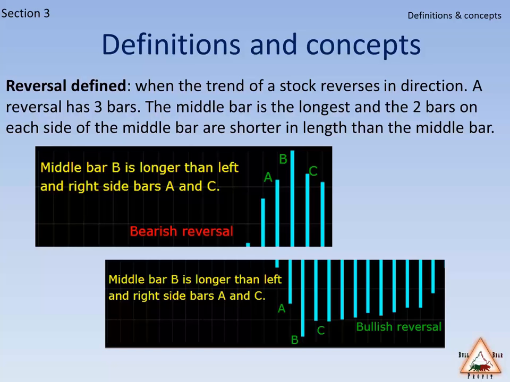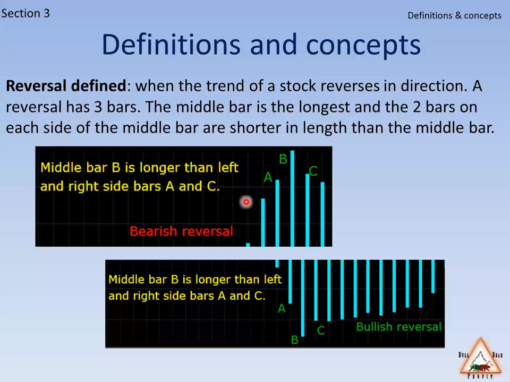Definitions and concepts. Part of the things you need to know is what a reversal is. A reversal is when the trend of a stock reverses in direction. A reversal has 3 bars. The middle bar is the longest, and the 2 bars on each side, A and C, are shorter in length than the middle bar.